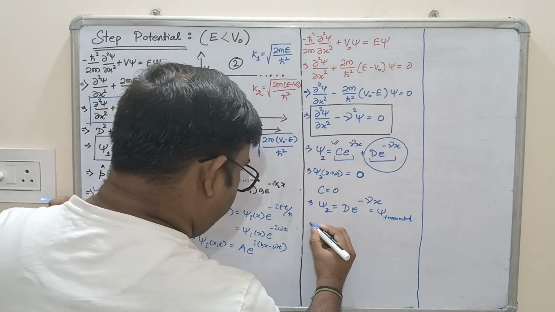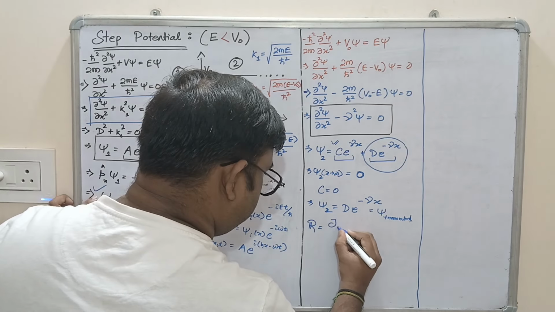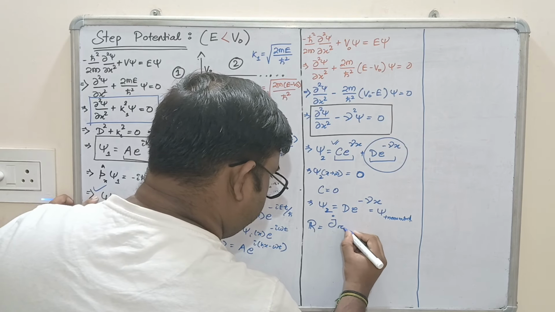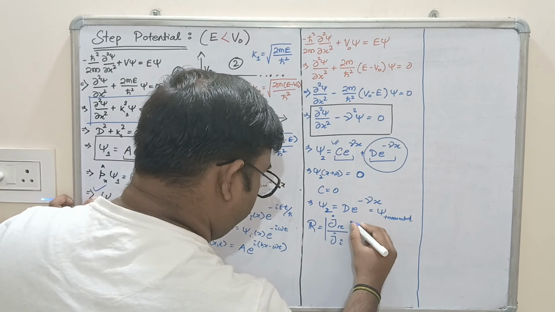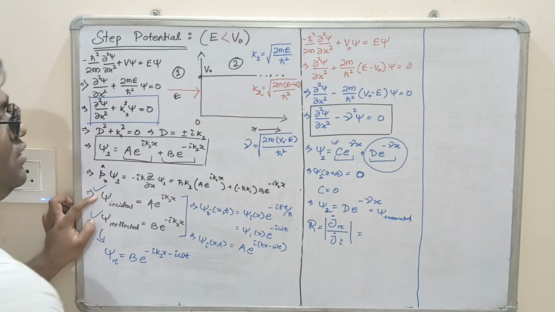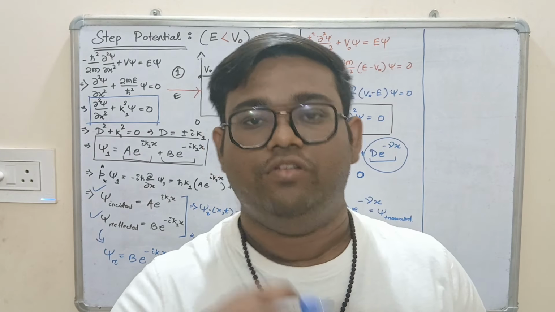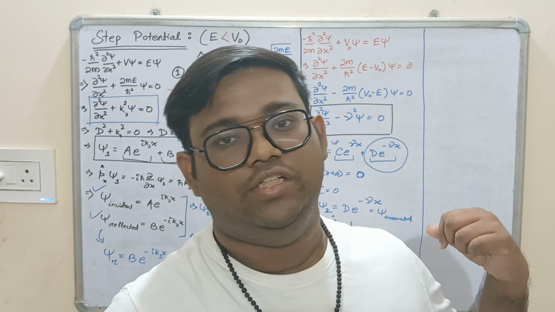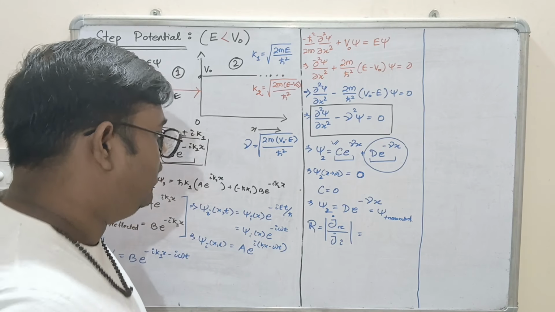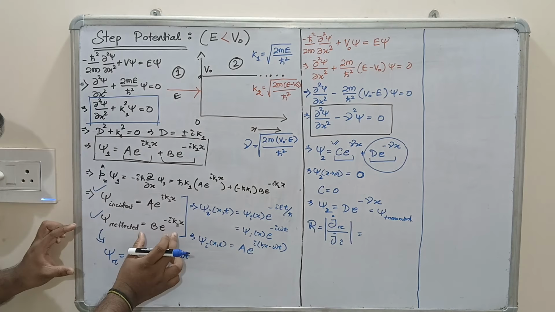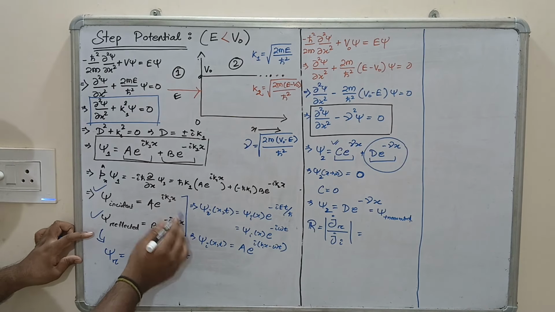When you have to find the coefficient of reflection, you have to use the mod of J_R by J_I. J_R is the probability current density for the reflected wave and J_I is that of the incident wave.